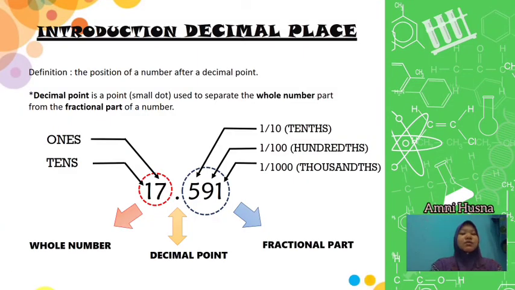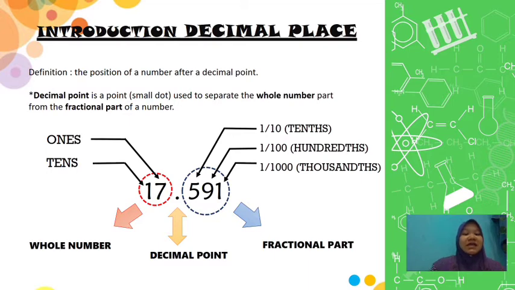Okay, now we will look at the decimal place. Decimal place is the position of a number after a decimal point. So, what is the decimal point? Decimal point is a small dot used to separate the whole number part from the fractional part of a number. Let's look at the example, 17.591.